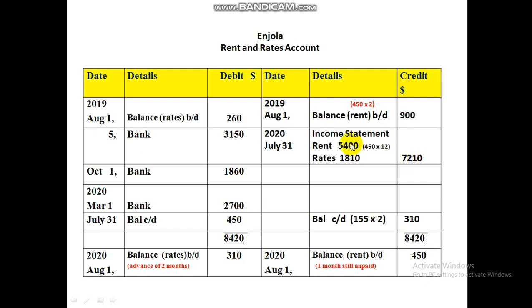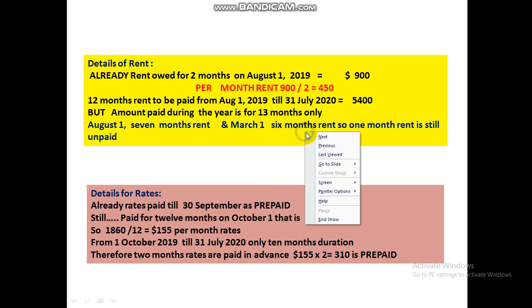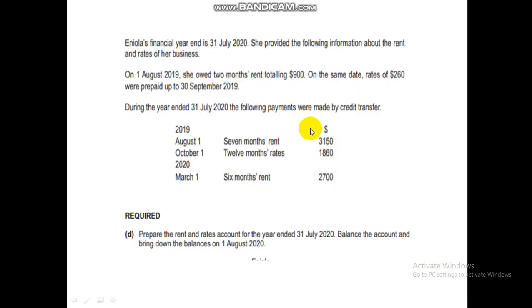Again, from this amount, we know that the 12 months rent amount is 5400. So whatever is the balance after subtracting 5400 from this amount will be the amount of rates for the 12 months. So this is how the ledger account for rent and rates of Eniola is to be prepared, keeping in view the details which we had discussed as described by the question.